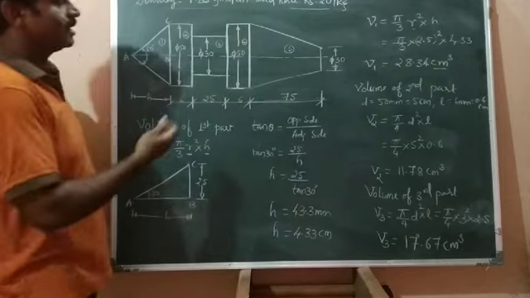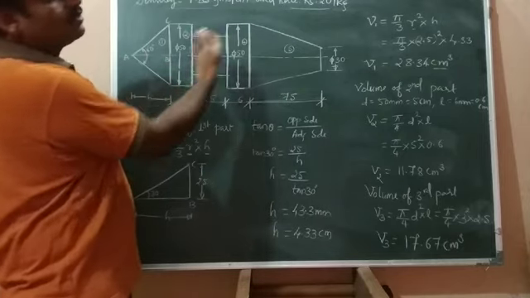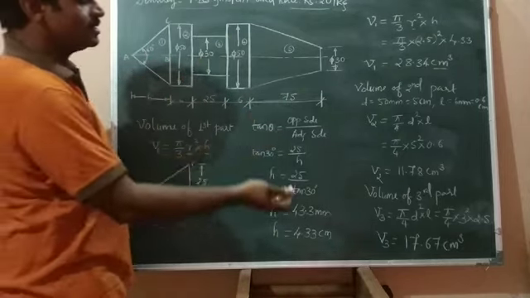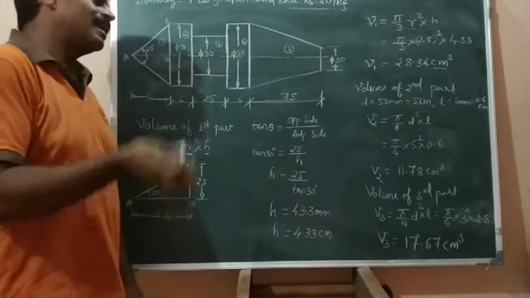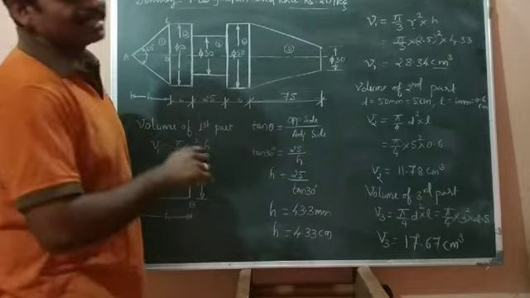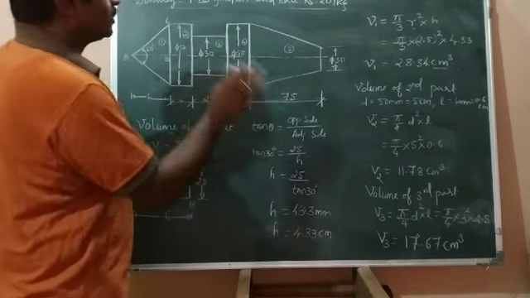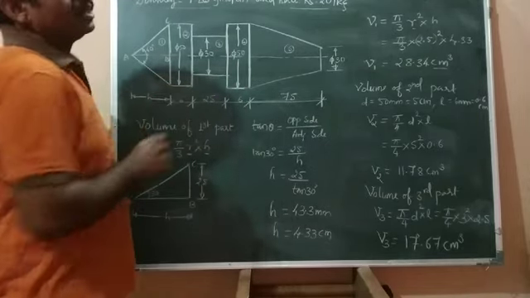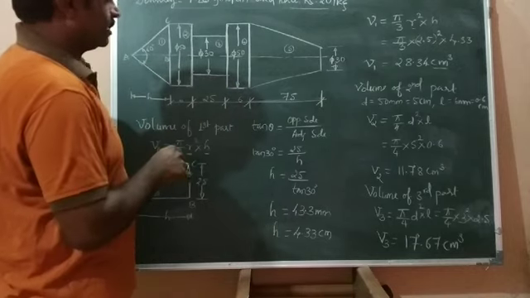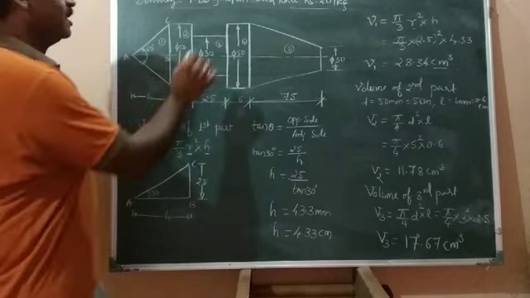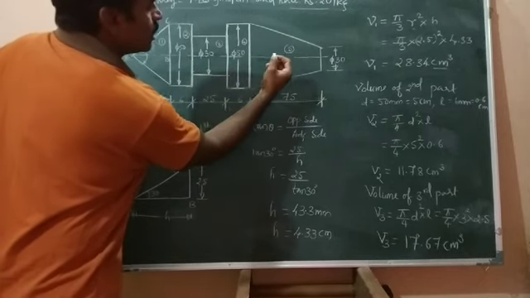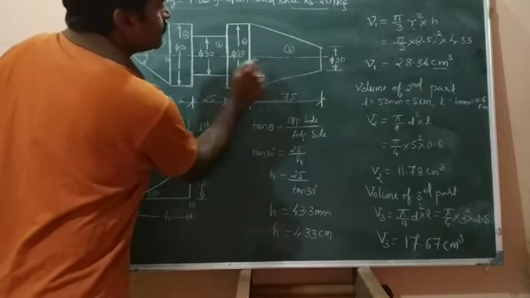So we can write the volume of the fourth part, V4, is equal to V2, which is 11.78 directly. If you calculate, you get the same answer again. Better to equate it to V2 only, so that the calculation is reduced.